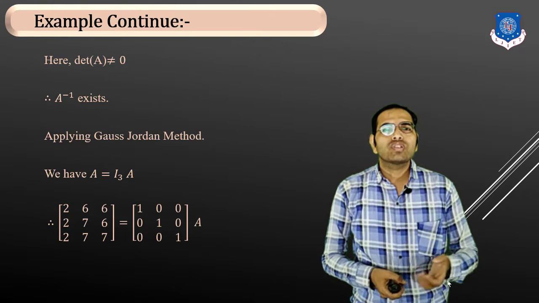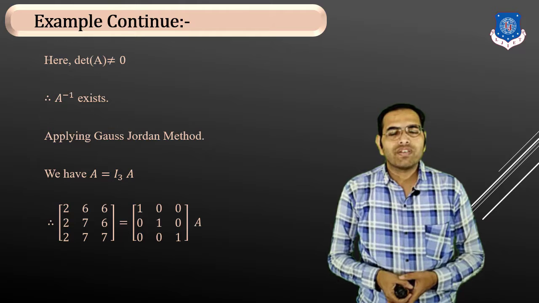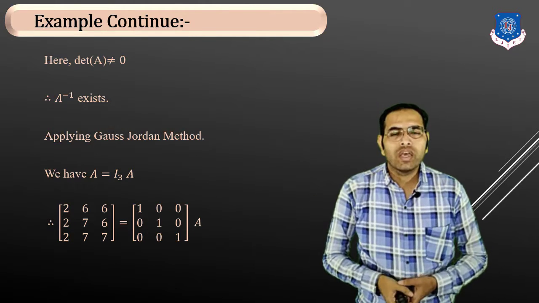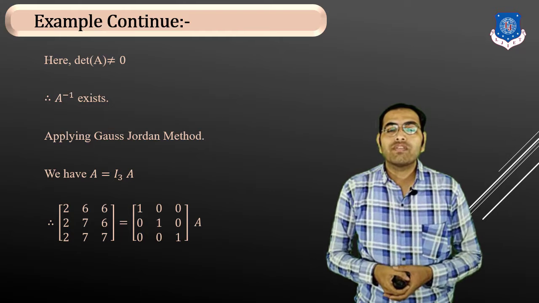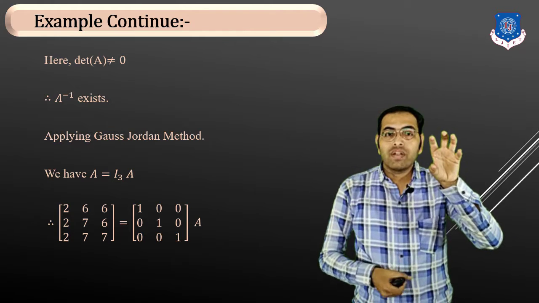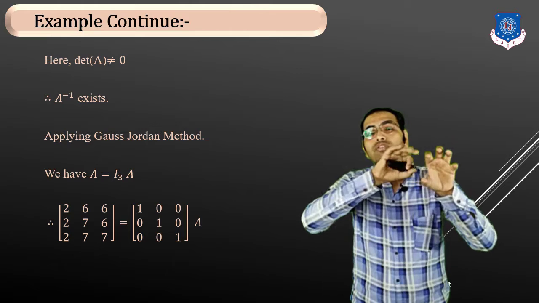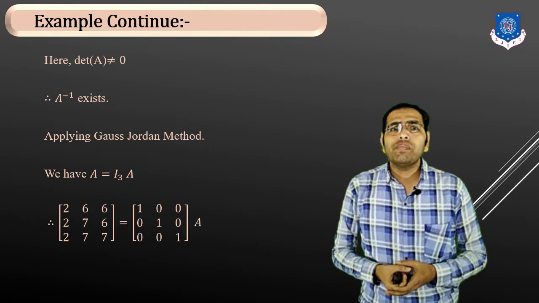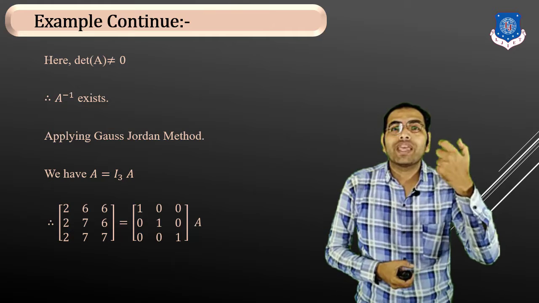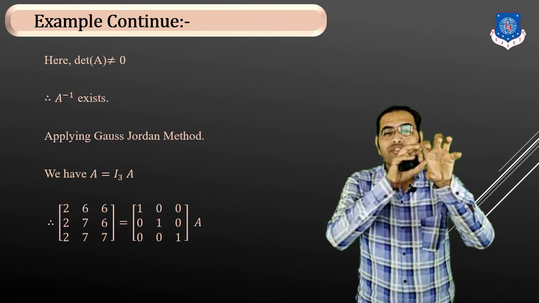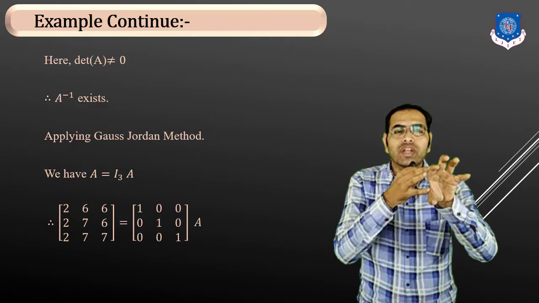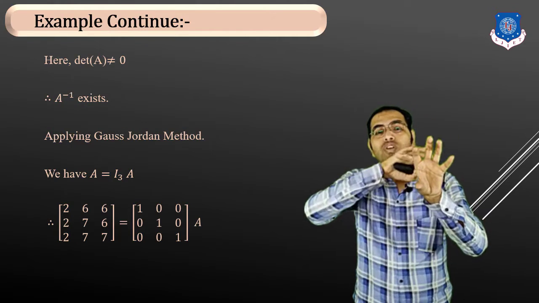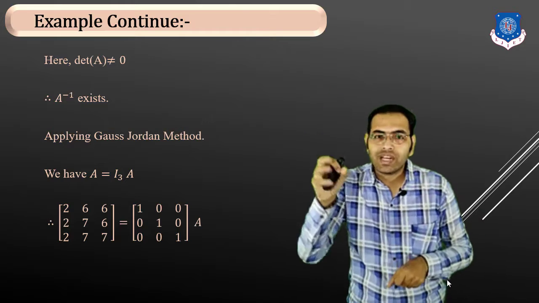Then 2 6 6, 2 7 6, 2 7 7 equals 1 0 0, 0 1 0, 0 0 1 into A. Whatever row operation is applied on the LHS is automatically applied on the RHS. Now, to make our matrix A the identity matrix, we apply row operations, and whatever row operation is applied on capital A is automatically applied to the identity matrix.